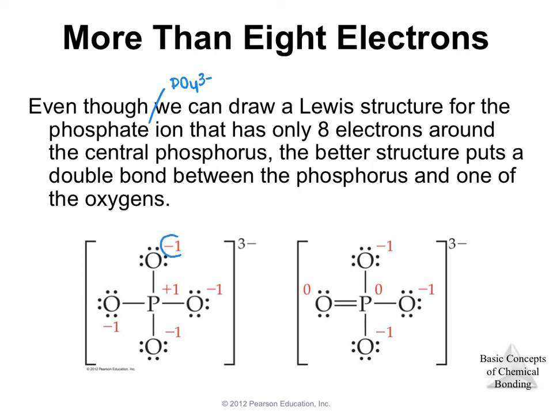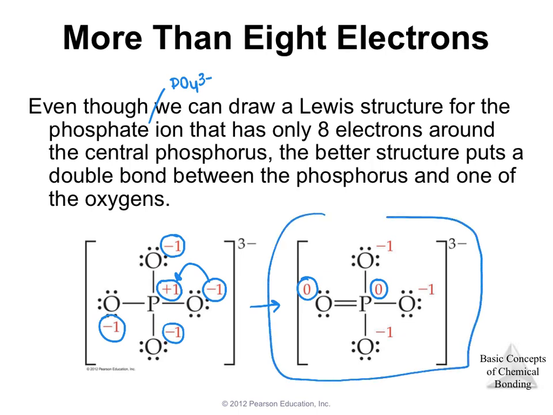So we've got -1 out here on all of our oxygens, a +1 in the center, and that is pretty unstable. So instead of doing that, if we drop in one of these double bonds, we can resolve one of those outer negatives and one of the inner positives. This one here, the second structure, is much better.